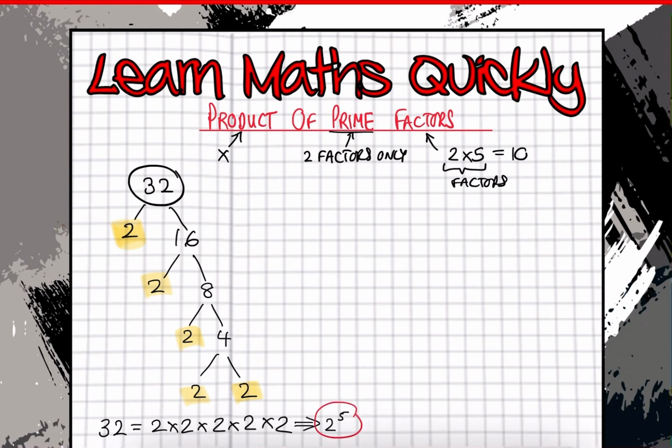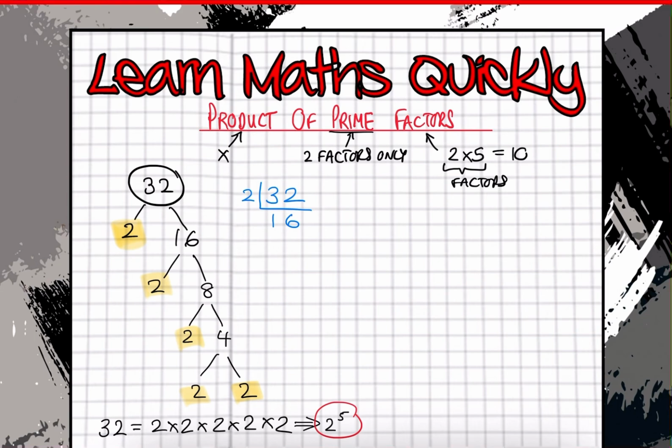There's a slightly neater way of writing it, which some people find useful, and that's sort of a bit like writing it like the division bus stop method, but kind of upside down. I'll show you here. So if we were to do 32 again, we do exactly the same method. So we think, what numbers go into 32? Well, 2 and 16 do, but this time I'm writing it like this.